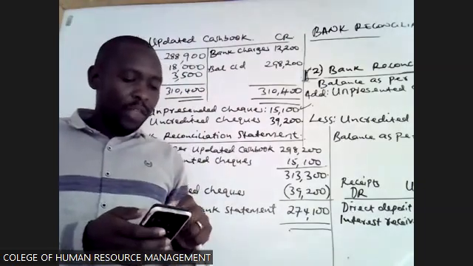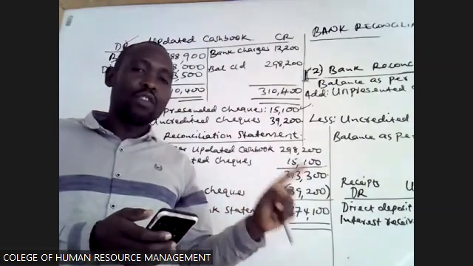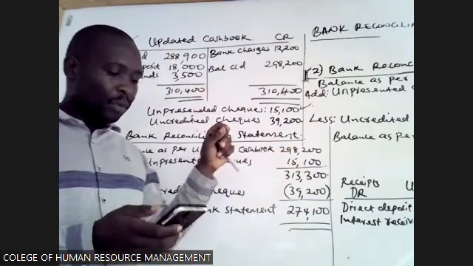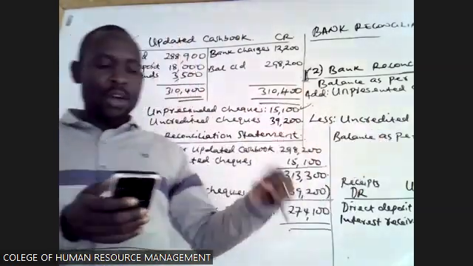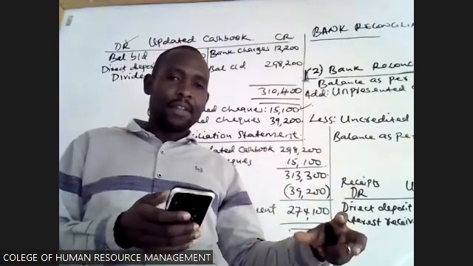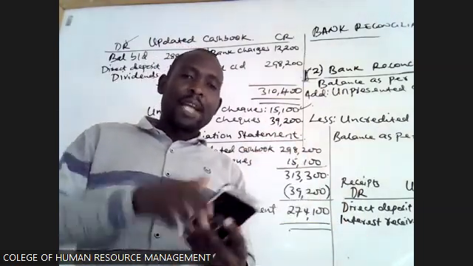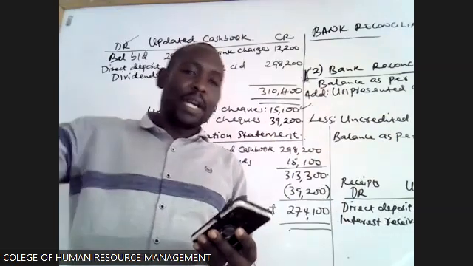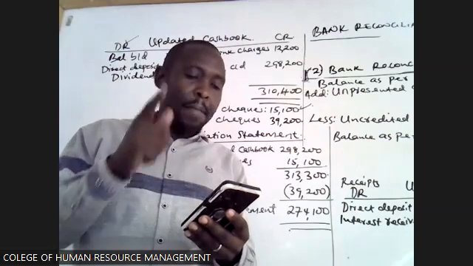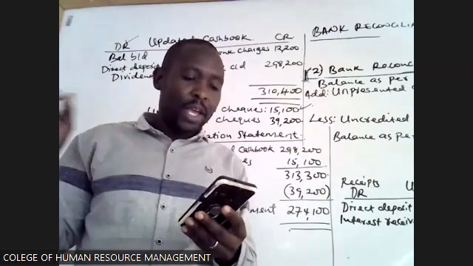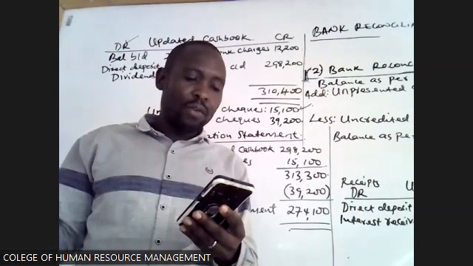So we went to the receipts of the cash book, which is on the debit. We received checks from T. Njoro, C. Anyango, and A. Jebet. When we receive them and take them to the bank, they are supposed to be credited by the bank. So we proceeded to the credit column of the bank statement, and we found we had 18,000, which is not from anybody.